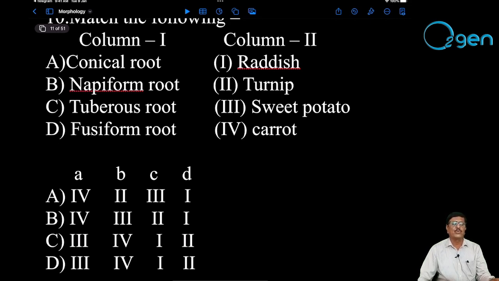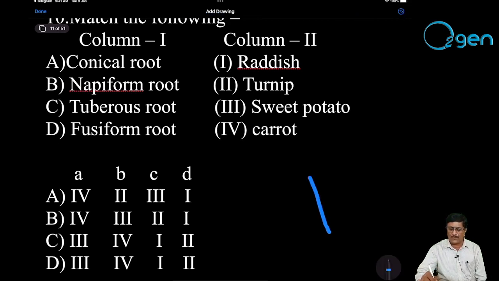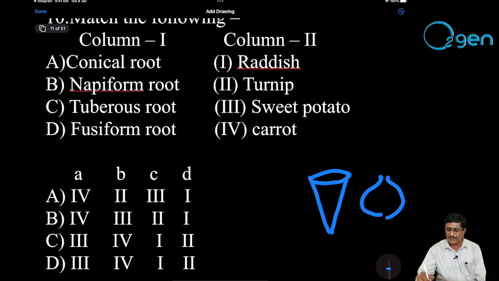So conical root is carrot. In the carrot, the upper region is broad and tapering like this one. That's why it is conical in shape. The napiform is turnip. It is bulged with pointed tapering of the root like this one.